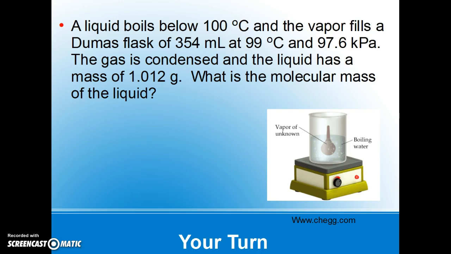And what you do, as long as the liquid will boil at a temperature below 100 degrees, you simply put the liquid in the flask, find its mass, and put it in boiling water. That will vaporize all of the liquid and leave the gas. You then close up the flask and find the mass of the flask with the gas inside.